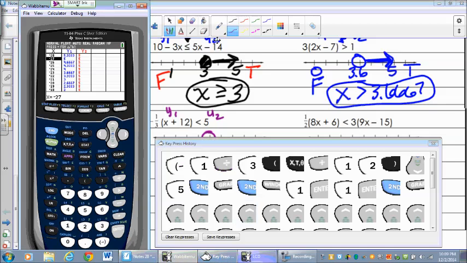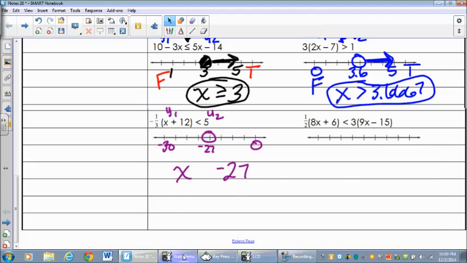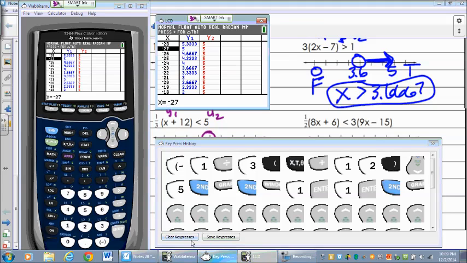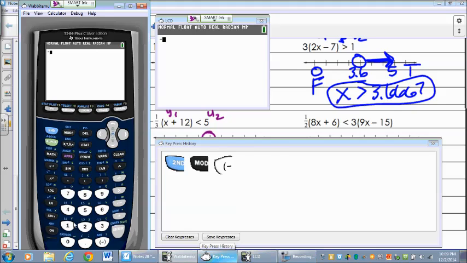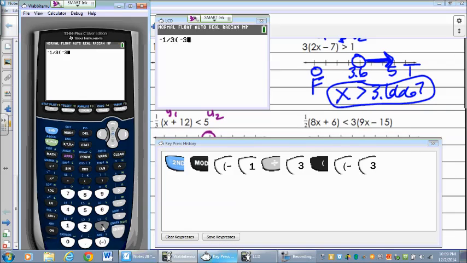Okay, let's go to our calculator again. Clear all those. I have negative 1 divided by 3, parentheses, negative 30 plus 12. Close your parentheses.